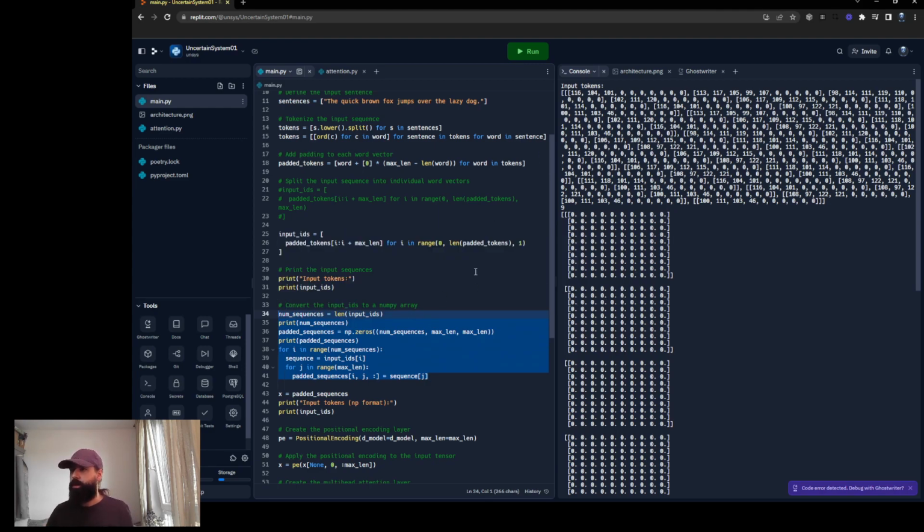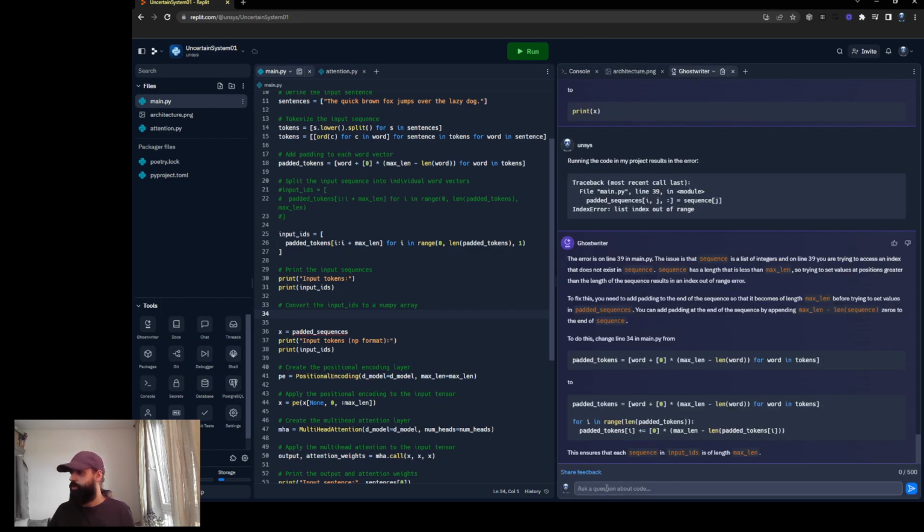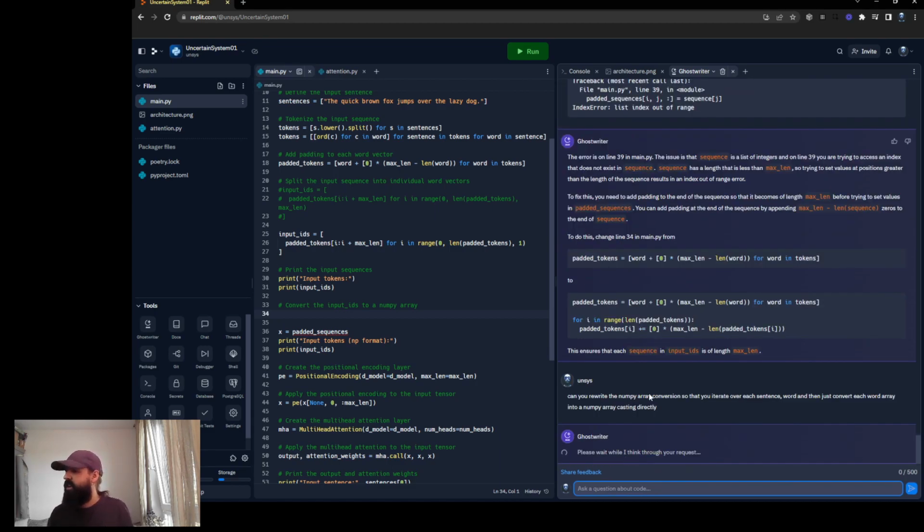Can you just convert, so that you iterate over each sentence, word, and then just convert each word array into a NumPy array. Casting directly, I guess you could say.